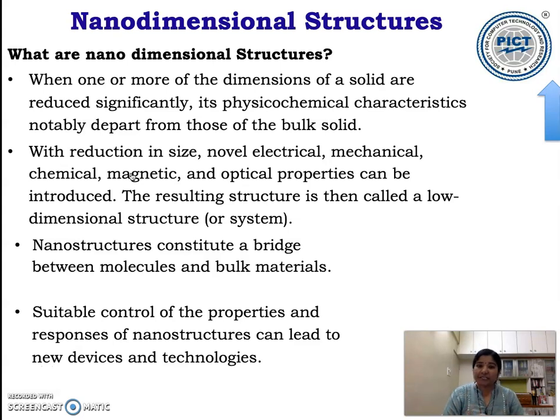With the reduction in size, novel electrical, mechanical, chemical, magnetic and optical properties can be introduced, and the resulting structure is called a low dimensional structure. These nanostructures constitute a bridge between molecules and bulk materials, and suitable control of their properties and responses can lead to new devices and technologies.